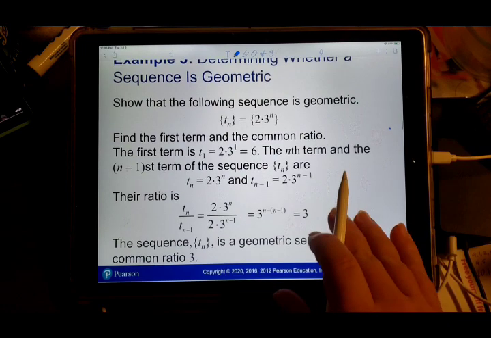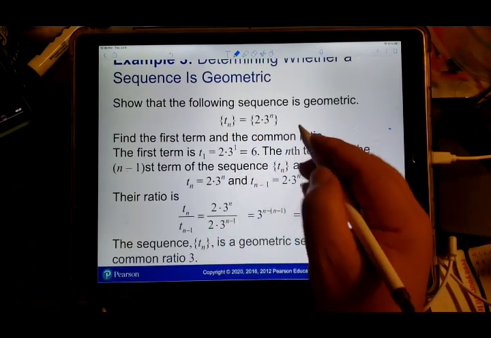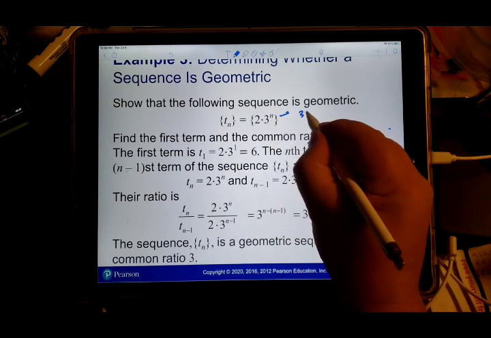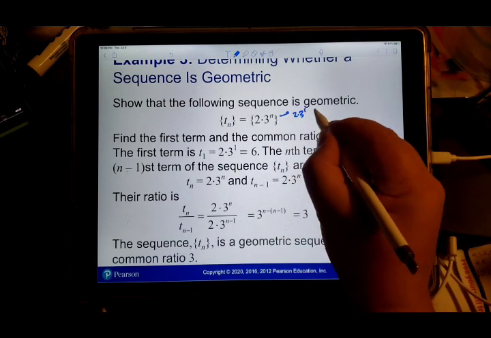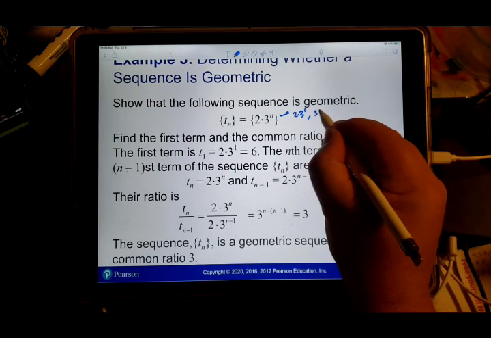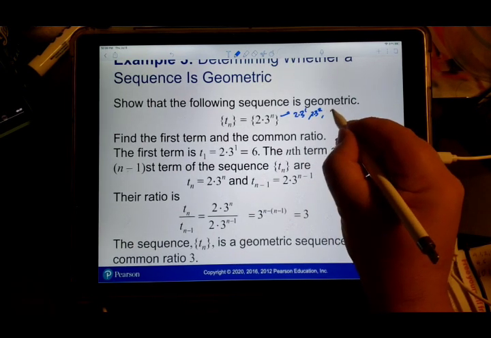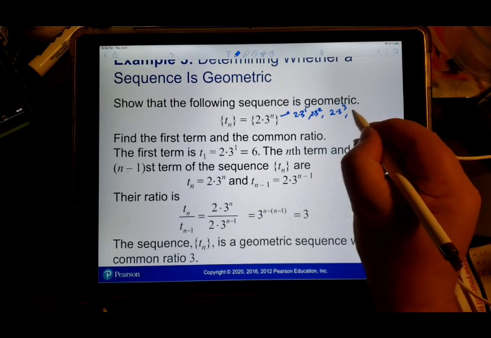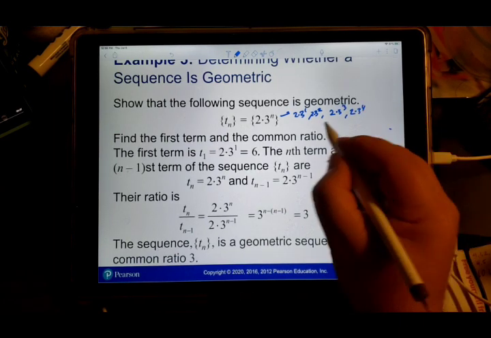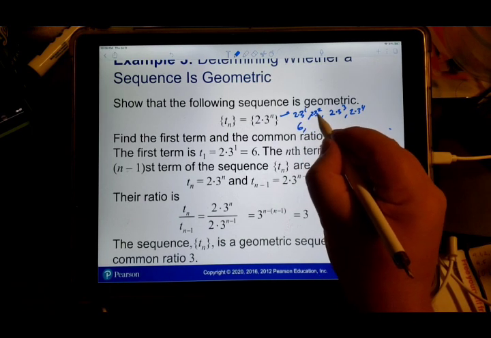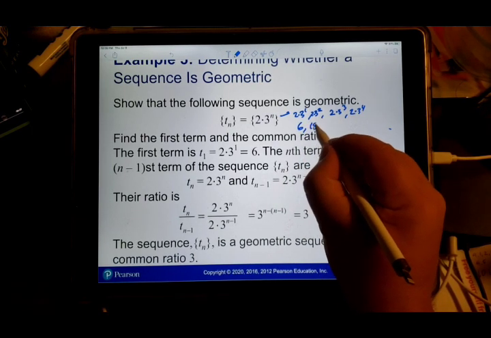So I'm seeing what the author did, but what I'm saying is, you could say, well, if n was 1, it would be 2 times 3 to the 1, 2 times 3 to the 2, 2 times 3 cubed, 2 times 3 to the 4th. This is 6. This is 9 times 2, 18.